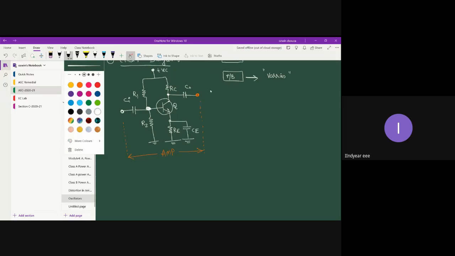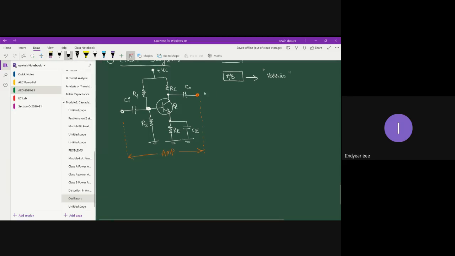Now let me construct the feedback part. For the sake of clarity, I will shift the feedback block in the downward direction. The feedback block consists of passive elements, resistors and capacitors.